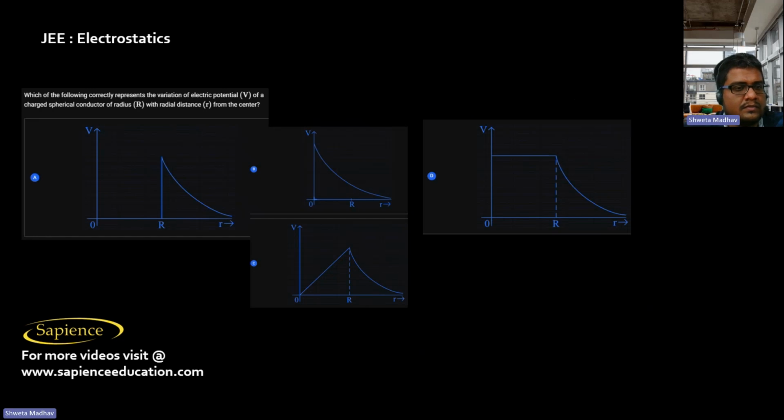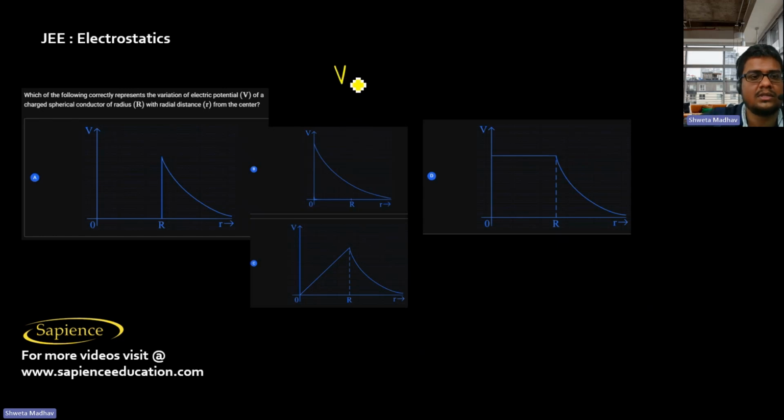It is asked which of the following correctly represents the variation of electric potential V of a charged spherical conductor of radius R with radial distance r from the center.